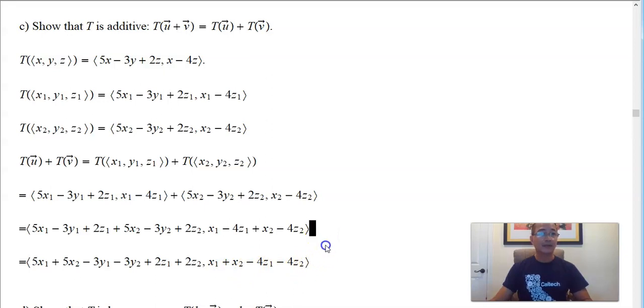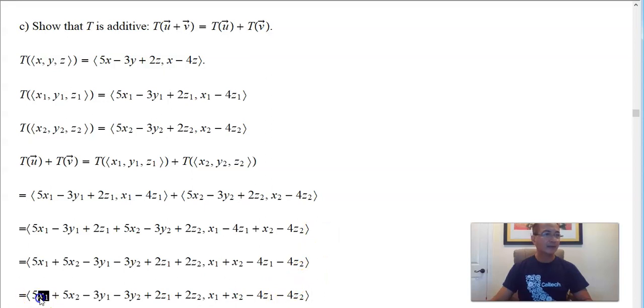All right, so finally, we can now bring just the perfect amount of space. The x1 and x2 together, so the 5 factors out. The y1 and y2 together, so the minus 3 factors out. That becomes a plus y1 plus y2. And we have 2z1 plus 2z2.